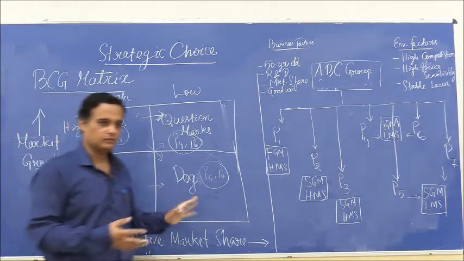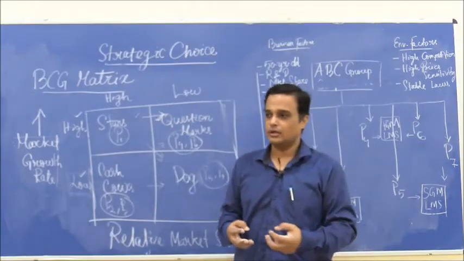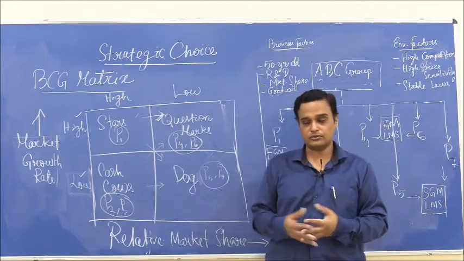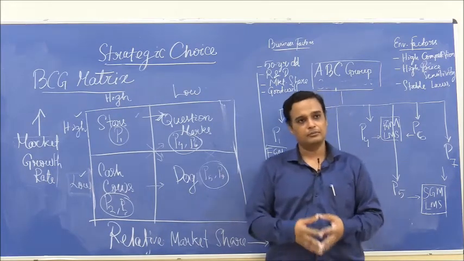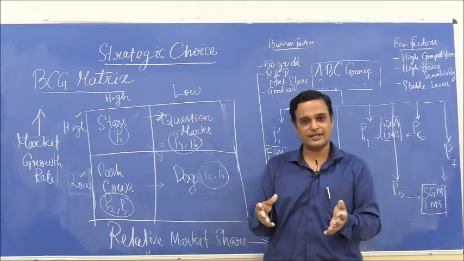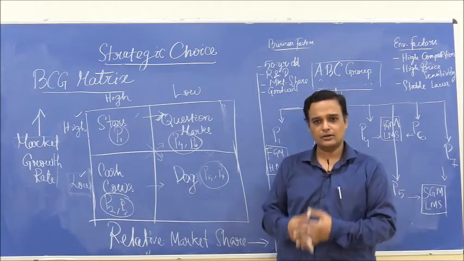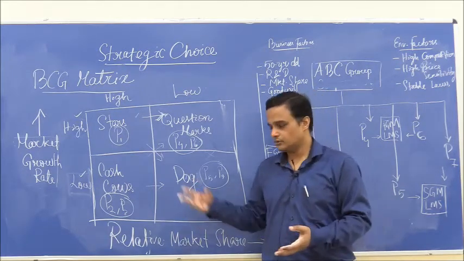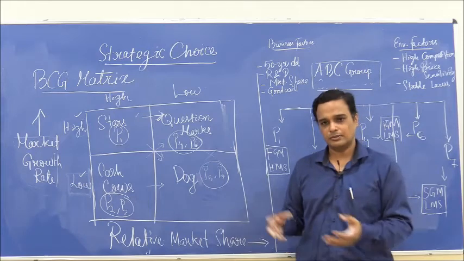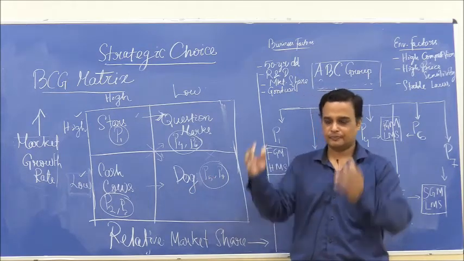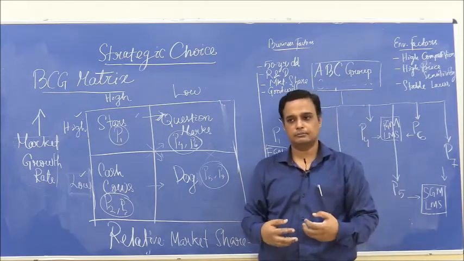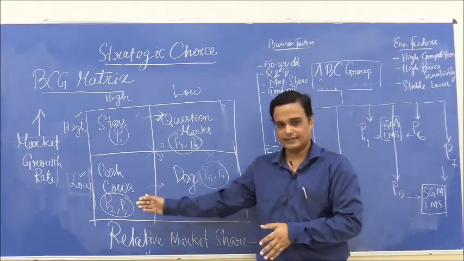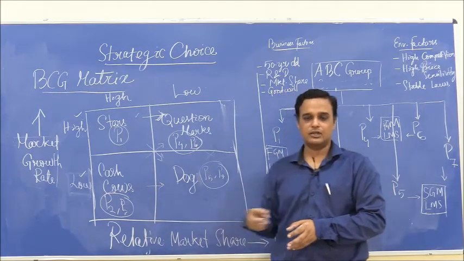Also, a cash cow whose reputation is pretty high and whose longevity is pretty high, and it is a mature product. That also means that the company does not have to spend a lot on promotions, because due to being in the market for a long time, probably a lot of people know it already. So, you do not have to spend a lot of money on promotions. In that case also you can continue earning without spending a lot.